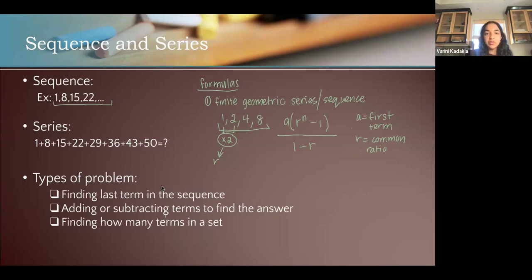So there's infinite and finite. If I were counting the number of apples I had, so let's say I had 5 apples, that's a finite amount of apples. I don't have an infinite supply of it.